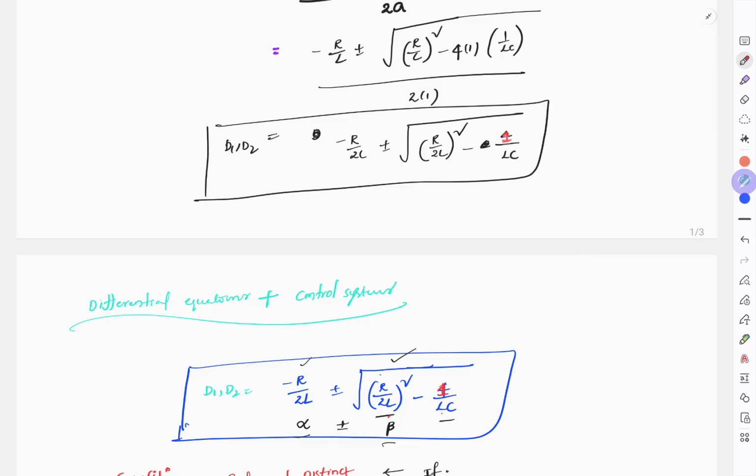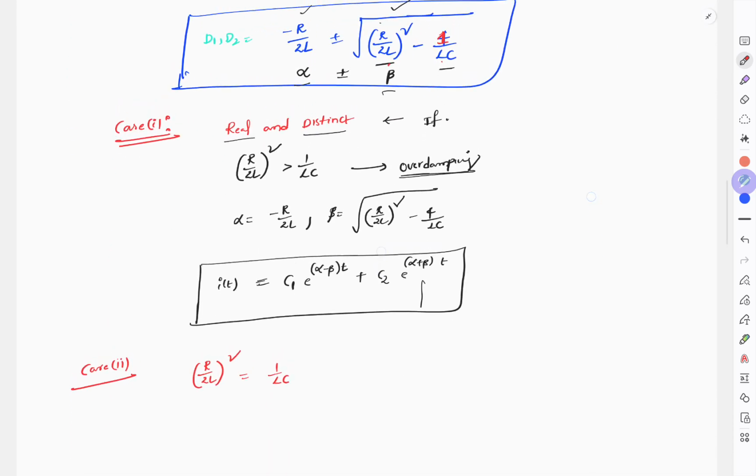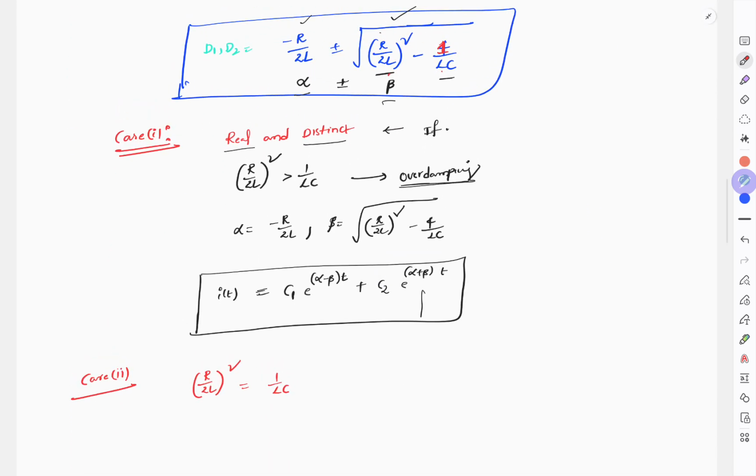Sorry. Here it is 1. This 2 will go upside, then the 4 will be cancelled. Yeah, that's right. So if these terms are equal, then beta will be 0, right? Beta equal to 0, then only alpha will exist. So only 2 alphas will come.